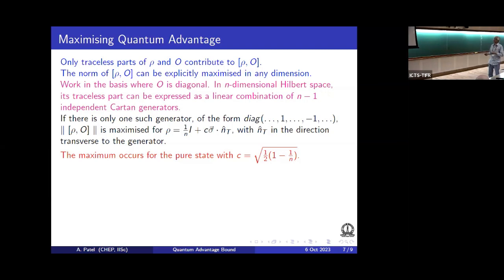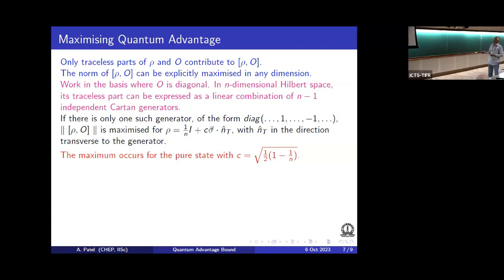So I don't have to worry about the identity component at all, and worry about the traceless parts of the two Hermitian matrices, both rho and O are Hermitian. And they can be easily described by the Cartan generators of the diagonal structures. And the question is then, what is the configuration of these Cartan generators which will produce the maximum commutator?